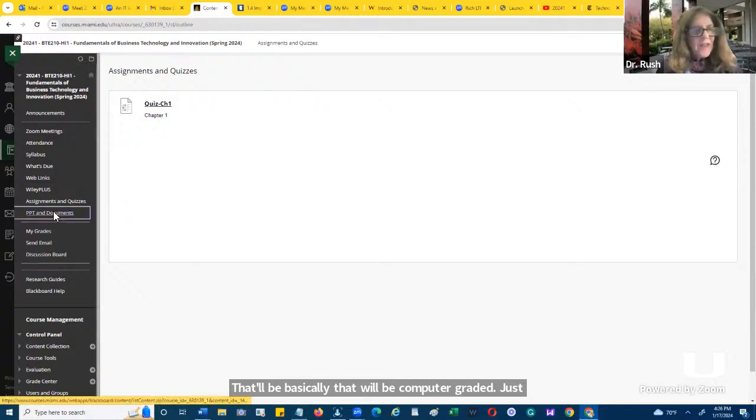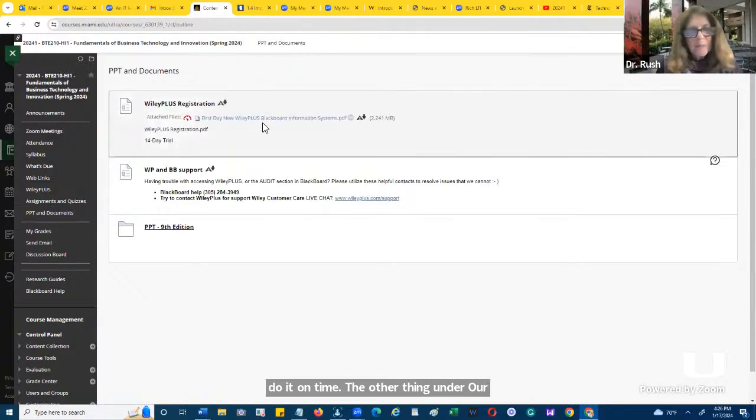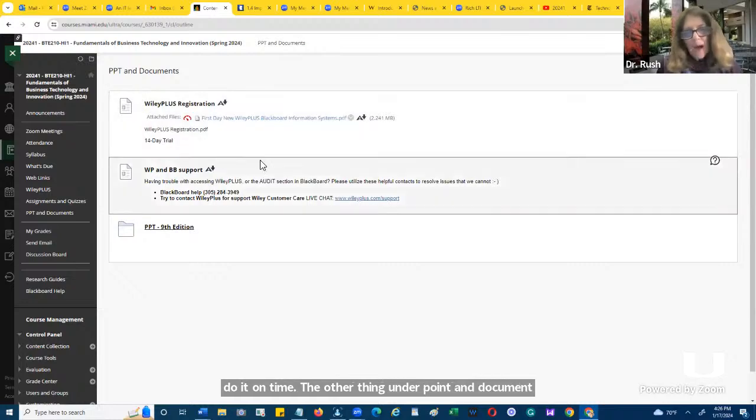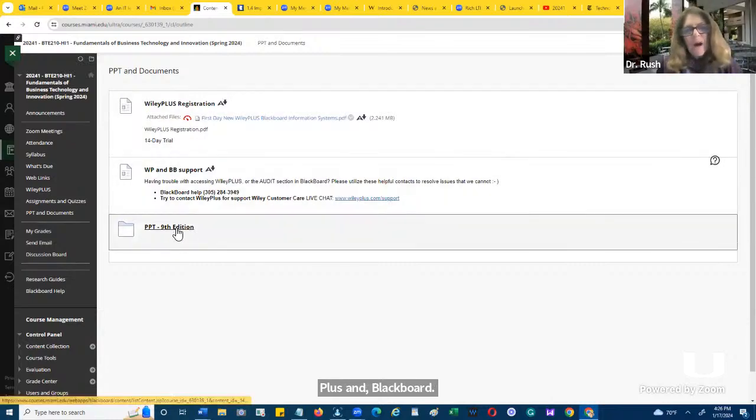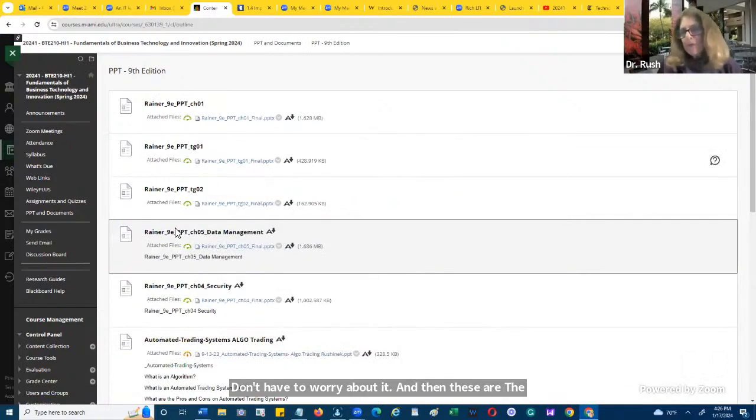The other thing under PowerPoint and documents, you have the Wiley Plus that you know how to do, the Wiley Plus and Blackboard. Don't have to worry about it. And then these are the PowerPoints for the chapters. So again, depending on how people like to study, how they learn, you also have PowerPoints for each chapter. You got it?